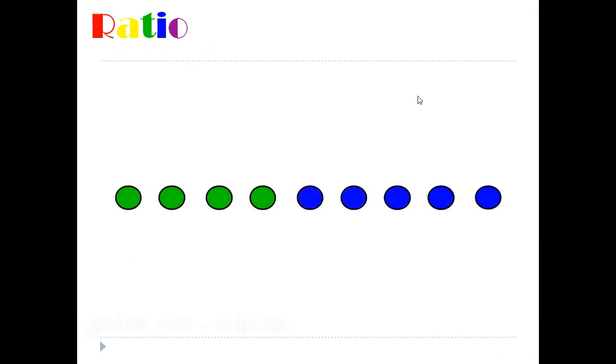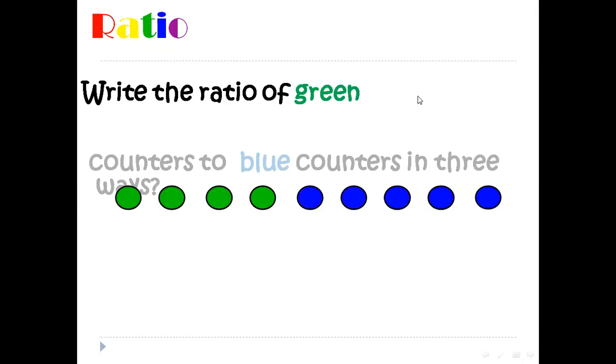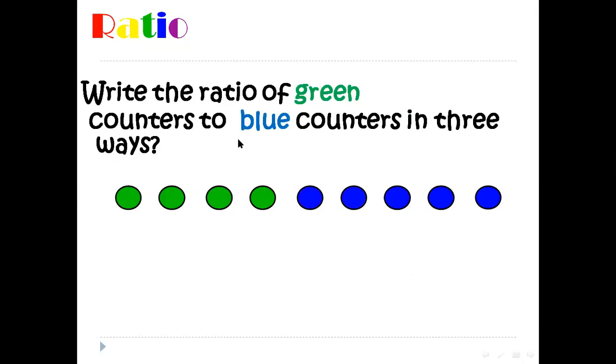Now here we need to write the ratio of green to blue counters in the three ways. Can you think of it? Excellent. The green are 4, the blue are 5. So green to blue, you can either write it with 4 to 5, or 4:5 with the colon, or 4 over 5 with the bar of the fraction.